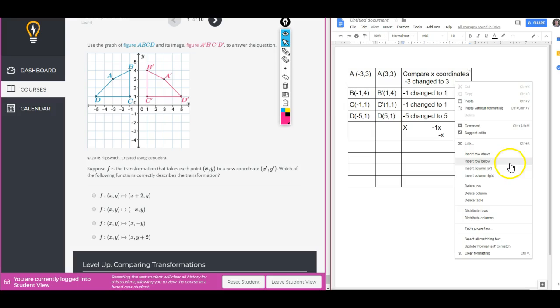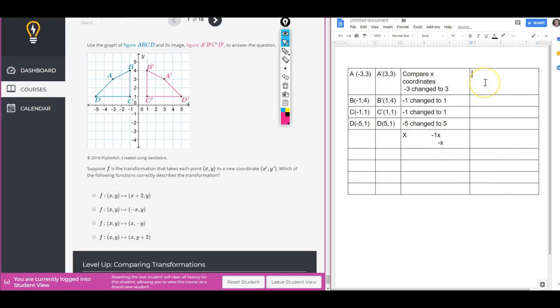And then I am going to compare the y coordinates. So we had 3 changed to 3, 4 to 4, 1 to 1, 1 to 1. On this, our original y value stayed the same y value.